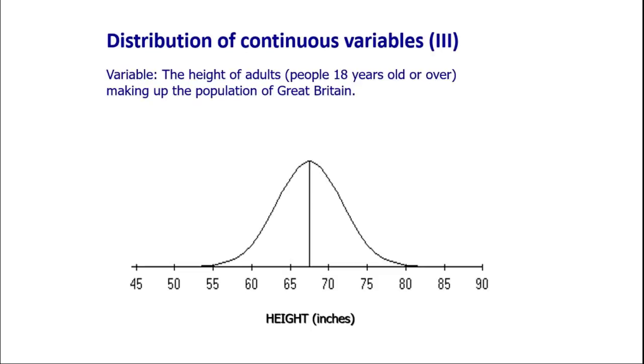The average height is somewhere between 65 and 70, around about 67.5 inches. The spread of the data is indicated by the standard deviation. It doesn't indicate the whole spread of the data, but if there's a number associated with it, it will tell us how close the data is to that mean.